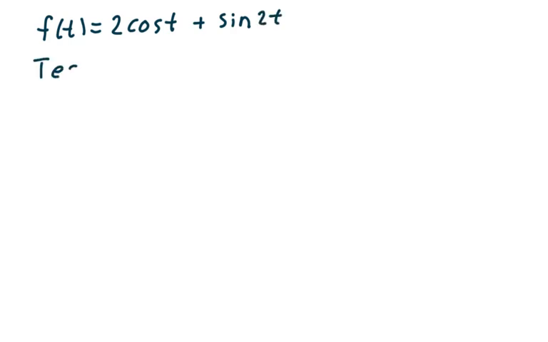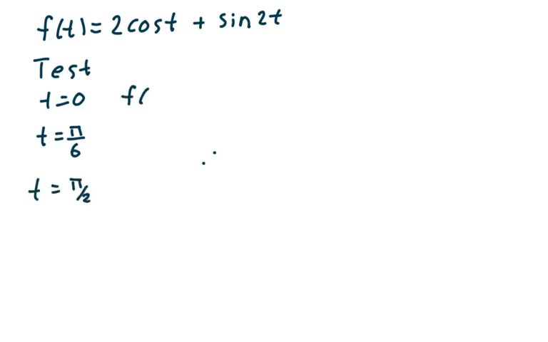Now, let's remind ourselves. F of t equals 2 cosine t plus sine 2t. And let's test t equals 0, t equal pi over 6, and t equal pi over 2.